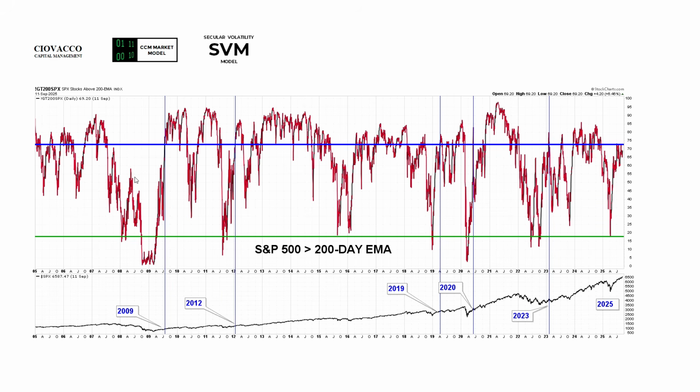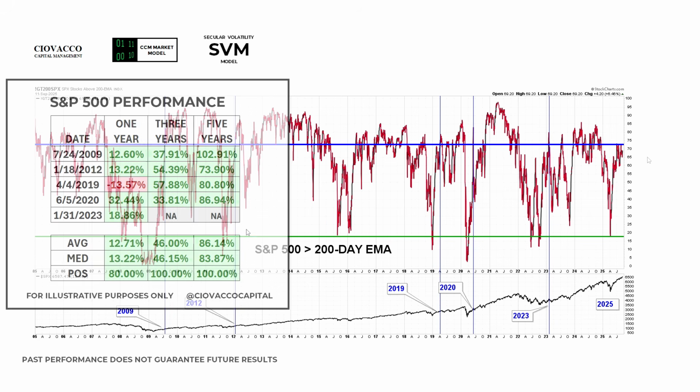Notice in 2008, financial crisis, you never make it back to the top blue line. First rally attempt in 2015, you don't make it back to the top blue line. We've touched the blue line several times in 2025.